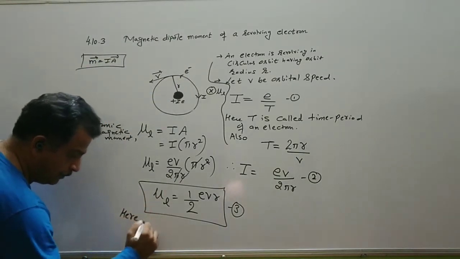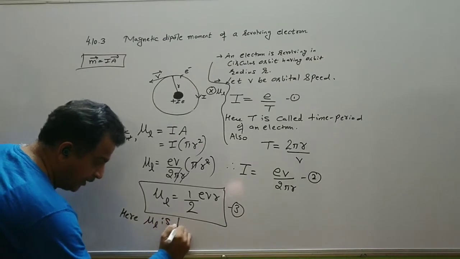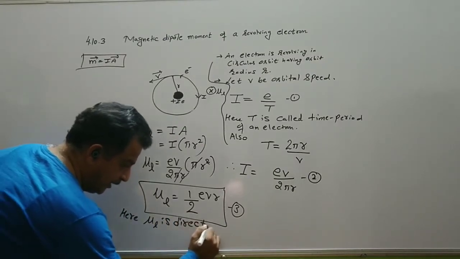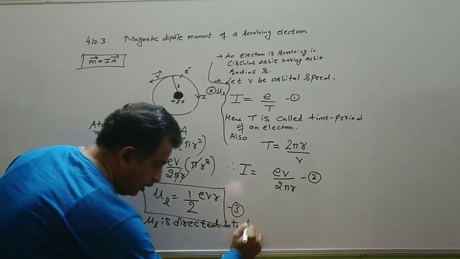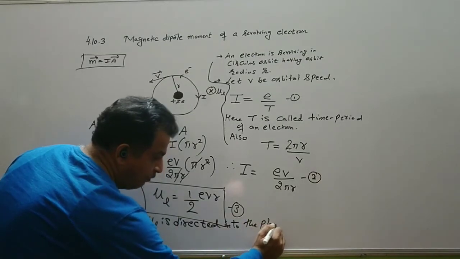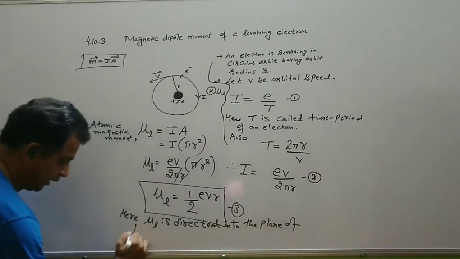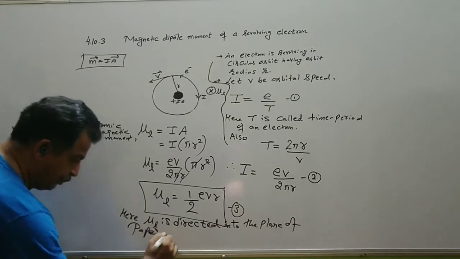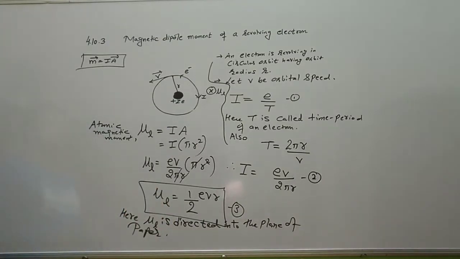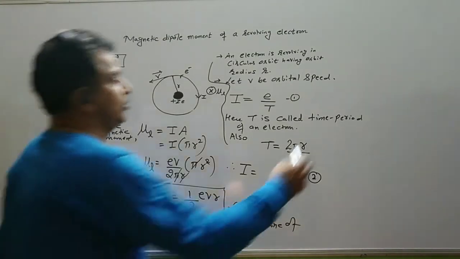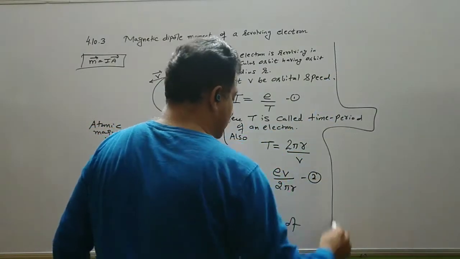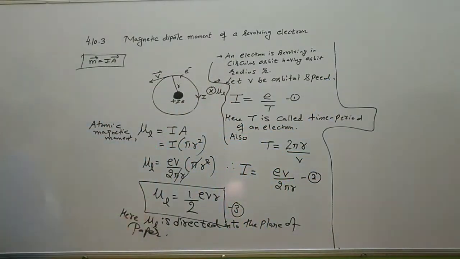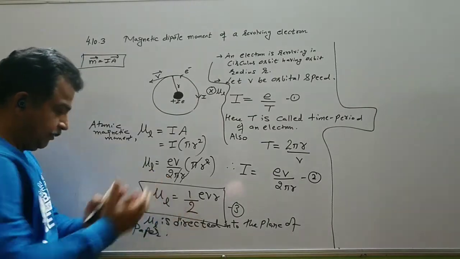Here mu L is directed into the plane of paper, and that is using the right hand screw rule. So here one portion of the topic is completed. If we have to derive a formula for the magnetic dipole moment of a revolving electron, we wind up here.